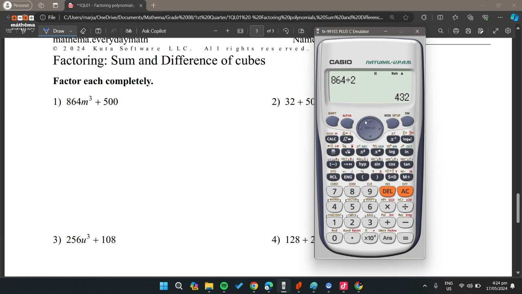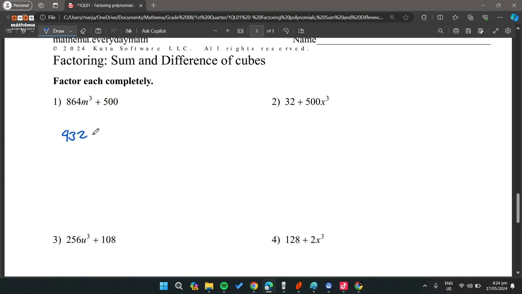Sige, so again, 432. And then, 500 divided by 2, that's 250, right? Let me just do that again. So, you have 432, and then, 250, alright? But, if you're going to look at the numbers here, we can actually divide everything by 2 still, right?